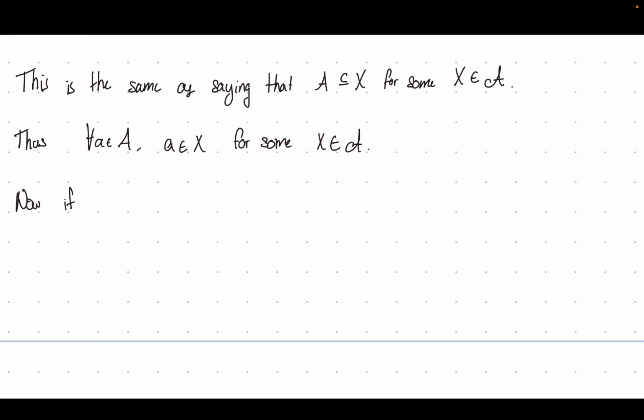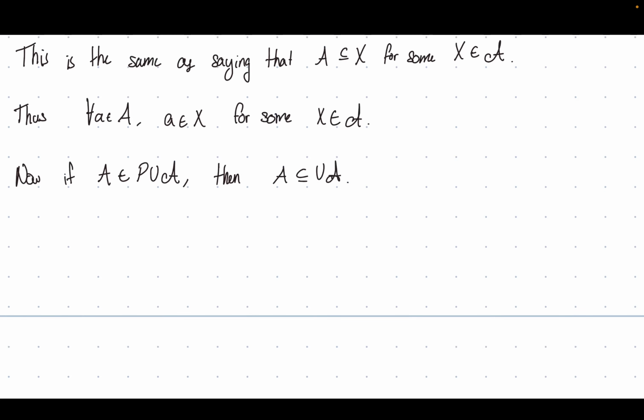So now if A is in the power set of the union of A, as we assumed it to be, then A is a subset of the union of script A, right?